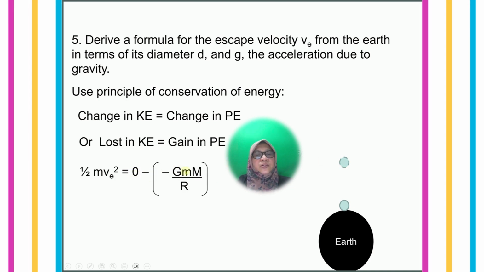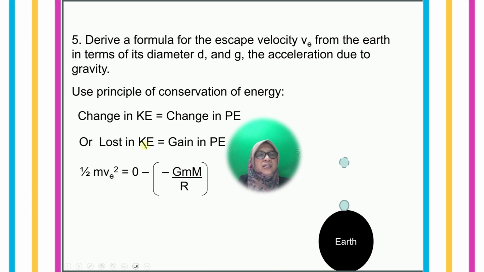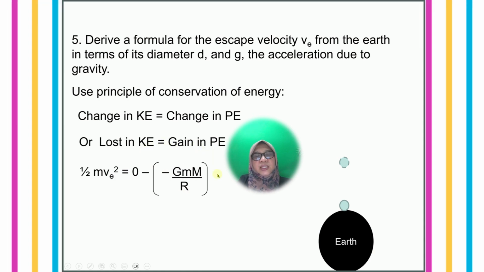So 0 minus the gravitational potential energy at the surface, which will be negative GMm over r. To use the gravitational potential energy formula, you must bring along the negative sign. Okay, so that's how we get loss in kinetic energy equals gain in potential energy.